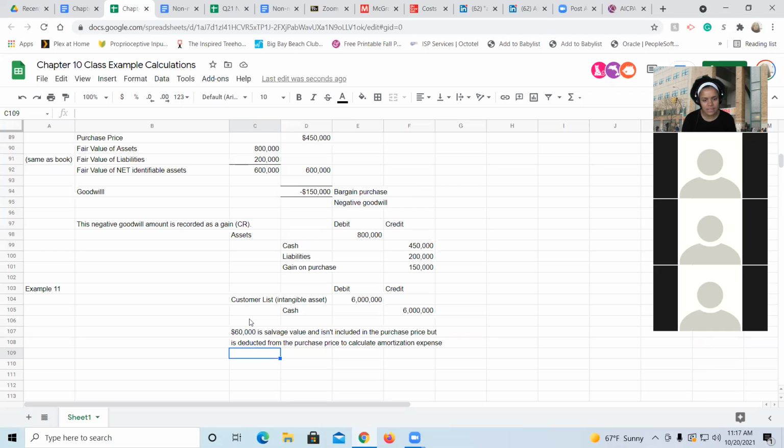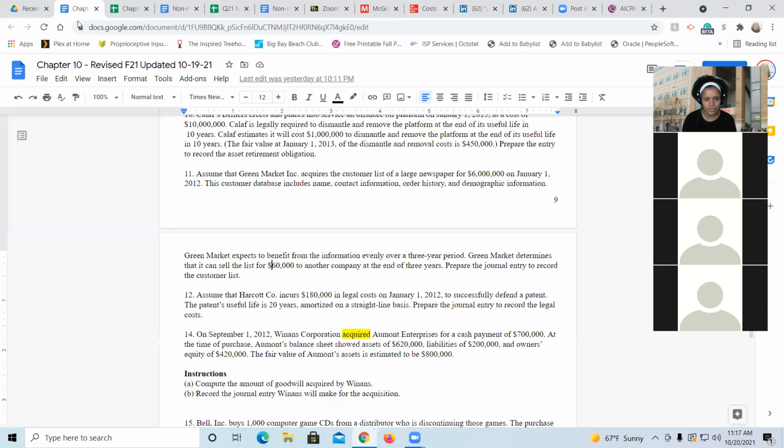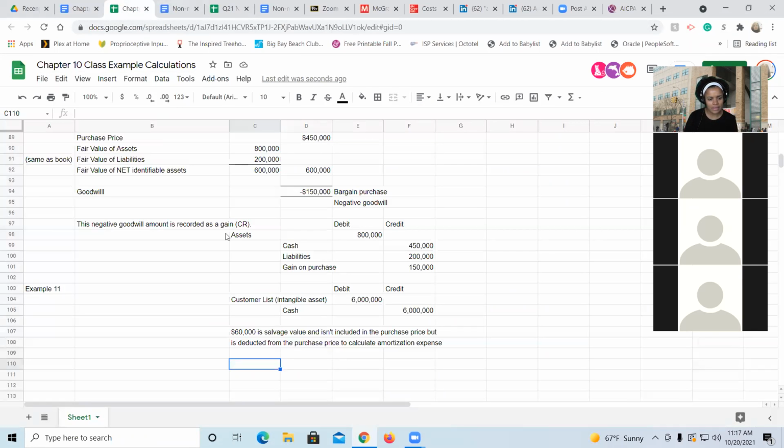This is going into chapter 11 work, but I just want to take this to its end. You see here that the useful life of this customer list is 3 years. We could sell it for 60,000. So the way the company would do the amortization calculation, just so you see where this information fits in, is that they'll say cost.